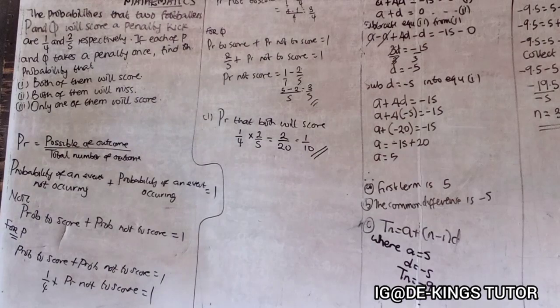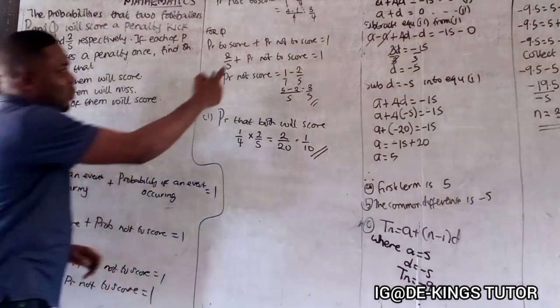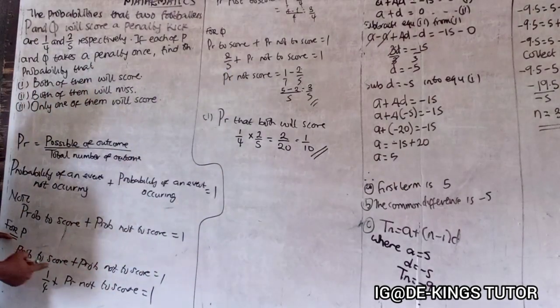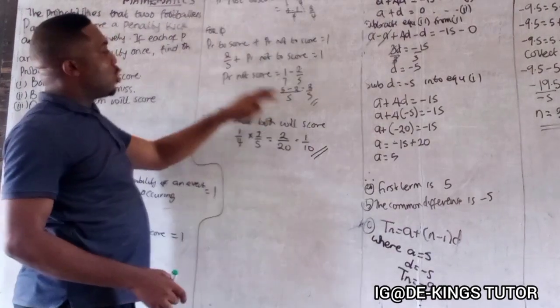The second one is the probability that both of them will miss. It means P will not score and Q will not score. That is, both of them will miss. Now remember, that was the reason why we did for P not to score and for Q not to score.